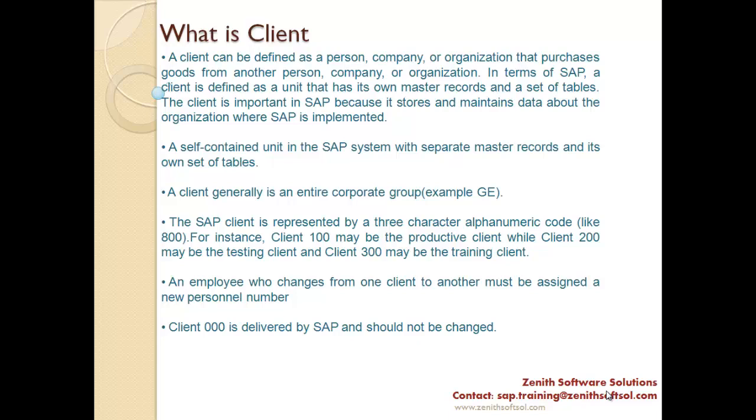So this client 800 will have its own master records and its own set of tables. If an employee changes from one client to another client, then that employee must be assigned a new personal number in a different client. Client 000 is delivered by SAP and this should not be changed.